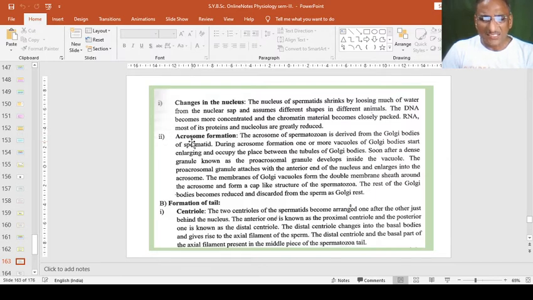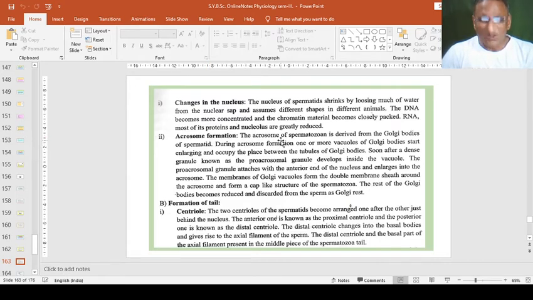At the head of the sperm, there is a dark blackish point where protein material is aggregated, which helps to dissolve the wall of the ovum so that the sperm can enter and fertilization can be carried out. That is the acrosome. How is it formed?